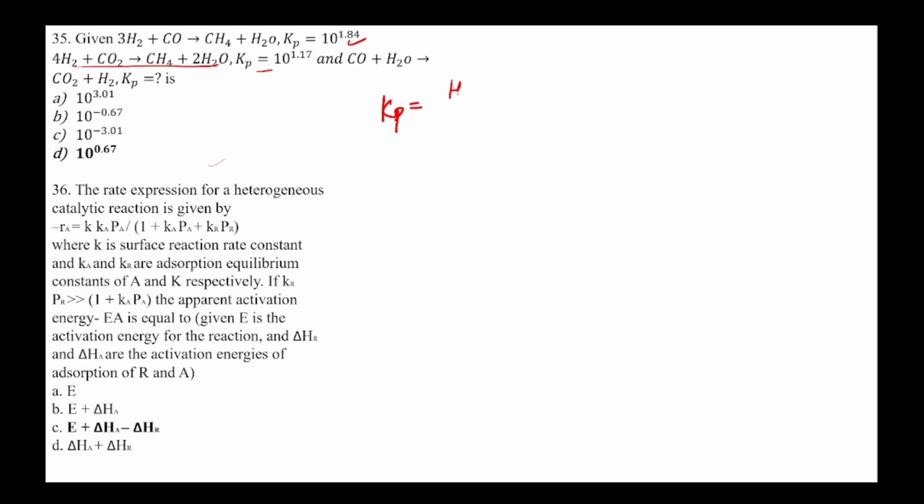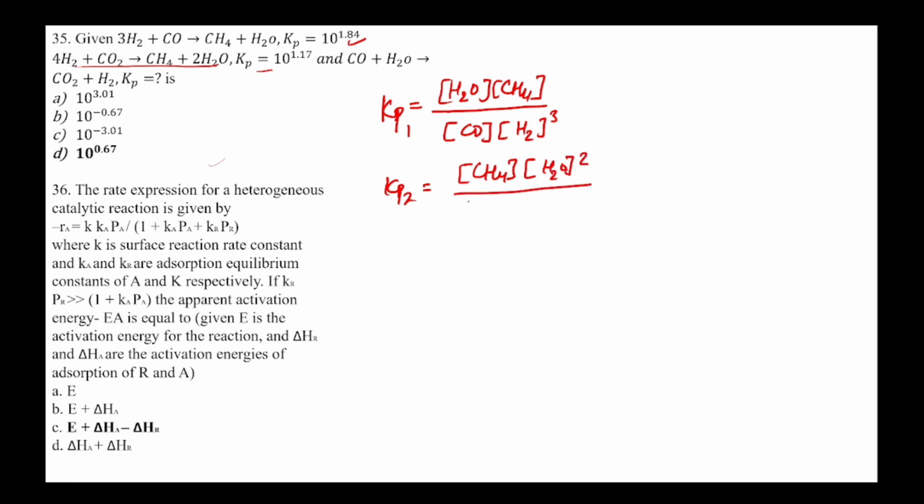It will be H2O, CH4, no stoichiometric coefficient is there, CO, H2 cube. For the second reaction, Kp2 will be CH4, H2O square, and CO2, H2 to the power 4.